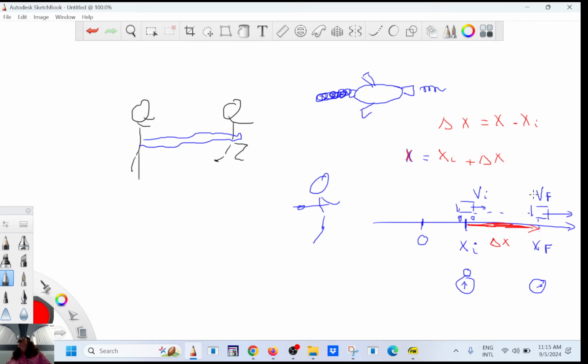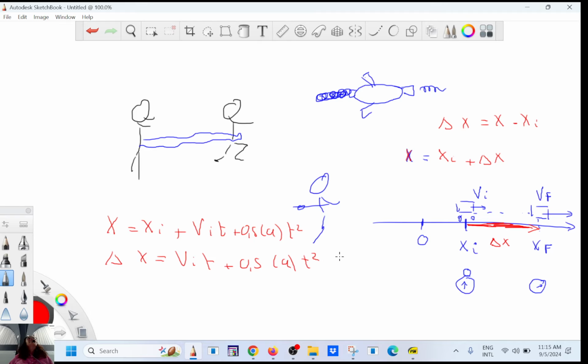Is that clear? So you can say final position is initial position plus initial velocity times t plus 1/2 a t squared, or you can say displacement equals initial velocity times t plus 1/2 a t squared.